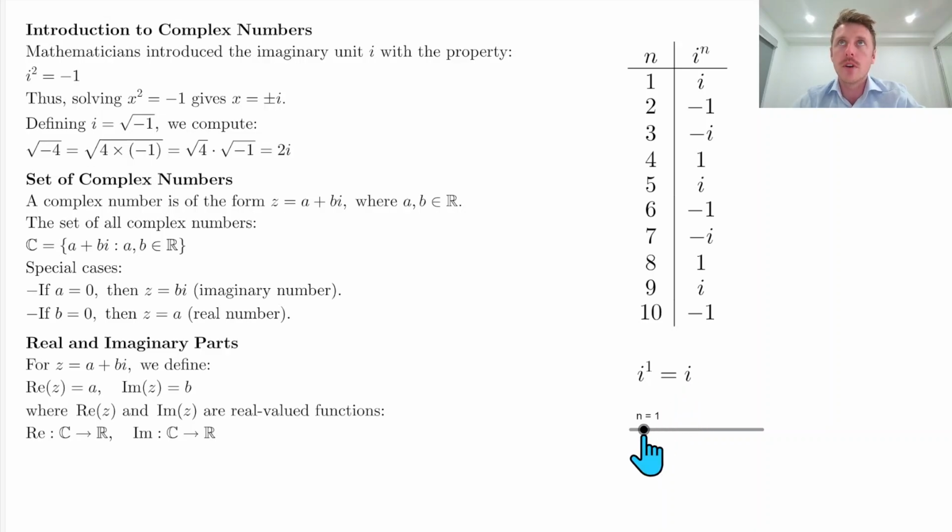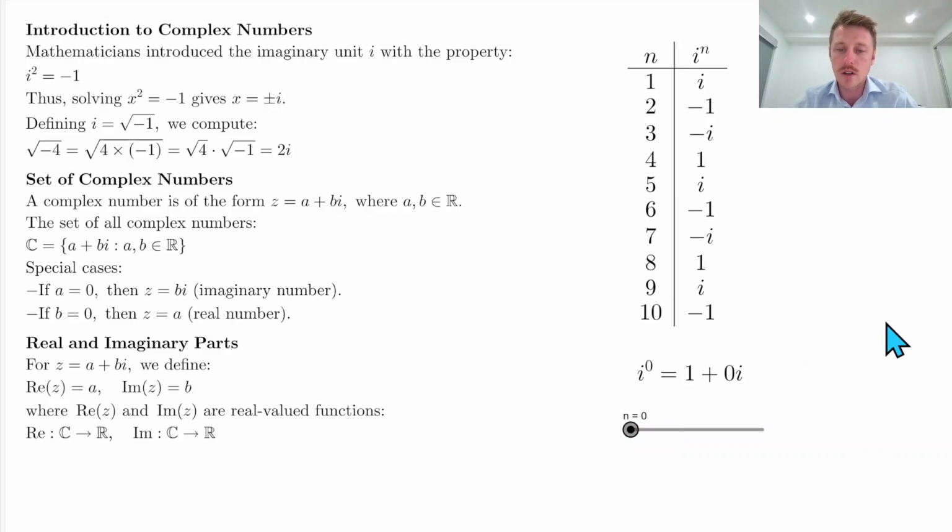We know from previously that anything to the power of 0 is 1, the real number 1. So i to the power of 0 is just the real number 1 with 0 imaginary component, so you can essentially ignore this because this part doesn't exist.